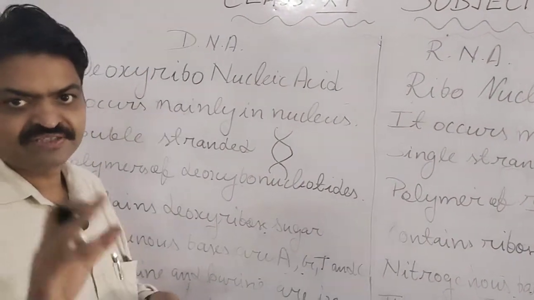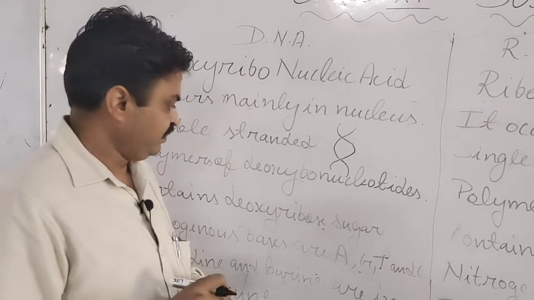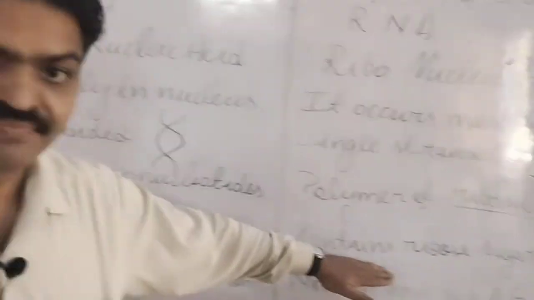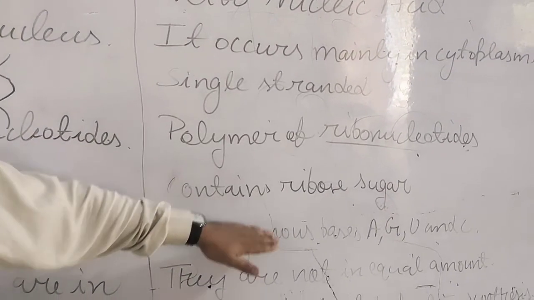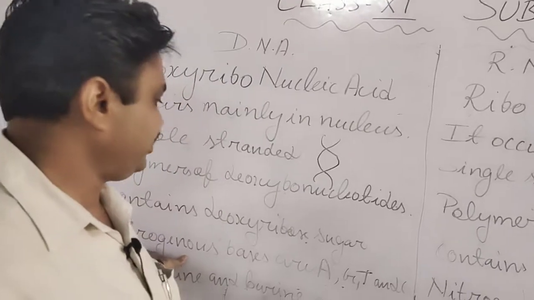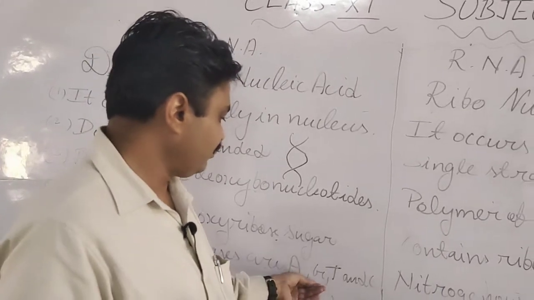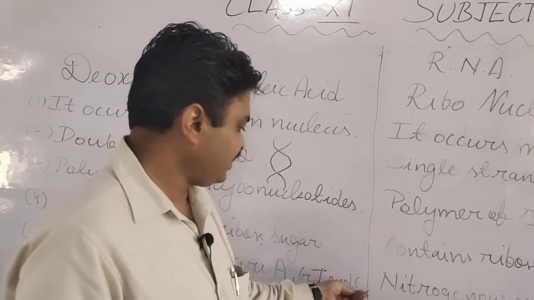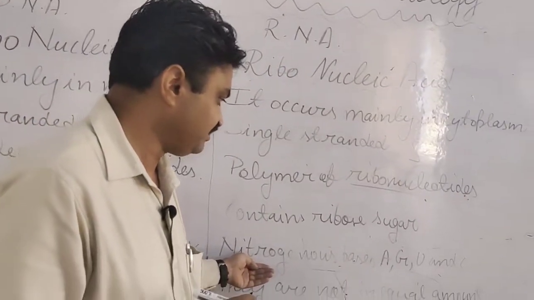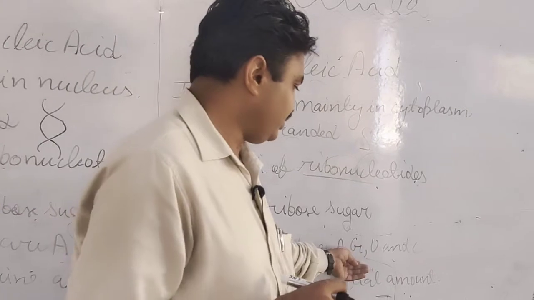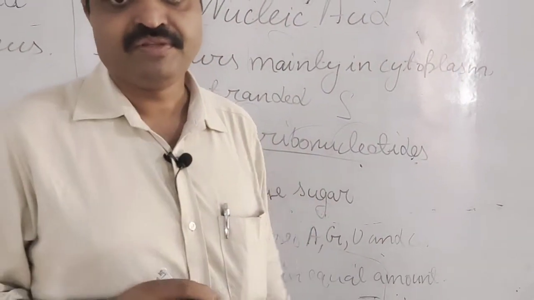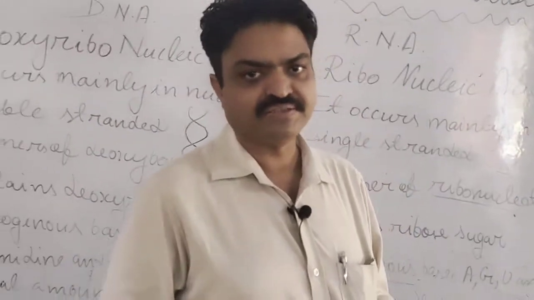And what is the difference, student? Ribose contains 5 oxygen, but deoxyribose contains 4 molecules of oxygen. The nitrogenous bases of DNA are adenine, guanine, thymine and cytosine. But the nitrogenous bases of RNA are adenine, guanine, uracil and cytosine, student. These are the nitrogenous bases.